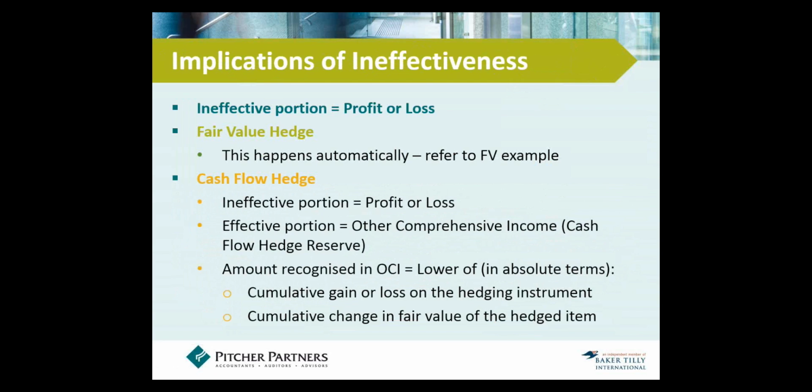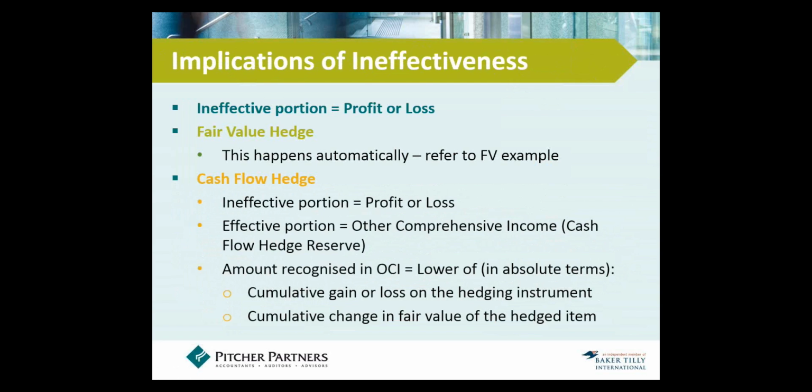And the effective portion would go to other comprehensive income, or it would be disclosed as other comprehensive income, and the reserve account would be the cash flow hedge reserve. So how do we do that? The amount that we recognize in other comprehensive income is the lower of, and we look in absolute terms, the lower of the cumulative gain or loss on the hedging instrument, or the cumulative change in the fair value of the hedged item.